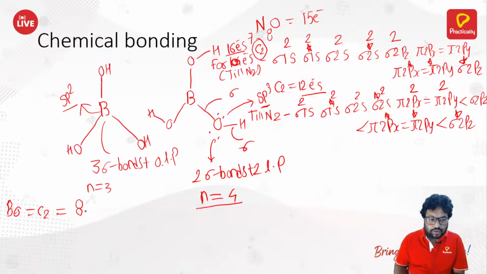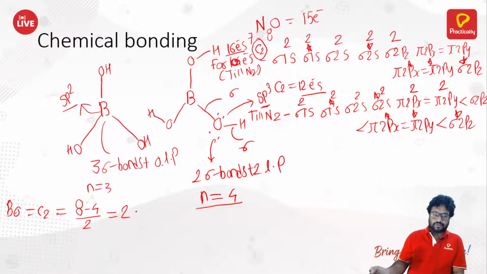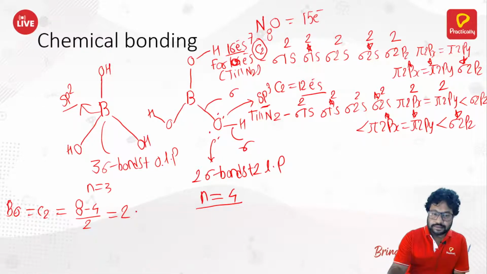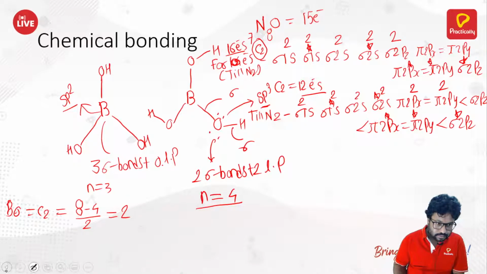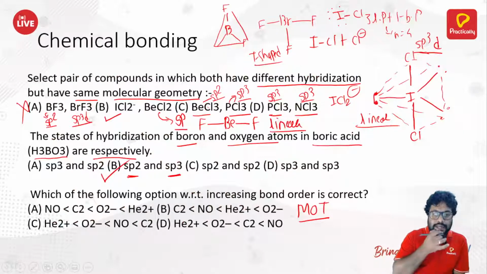In anti-bonding, you got 4 electrons. 8 minus 4 divided by 2, 4 divided by 2 is equal to 2. That is for the carbon.